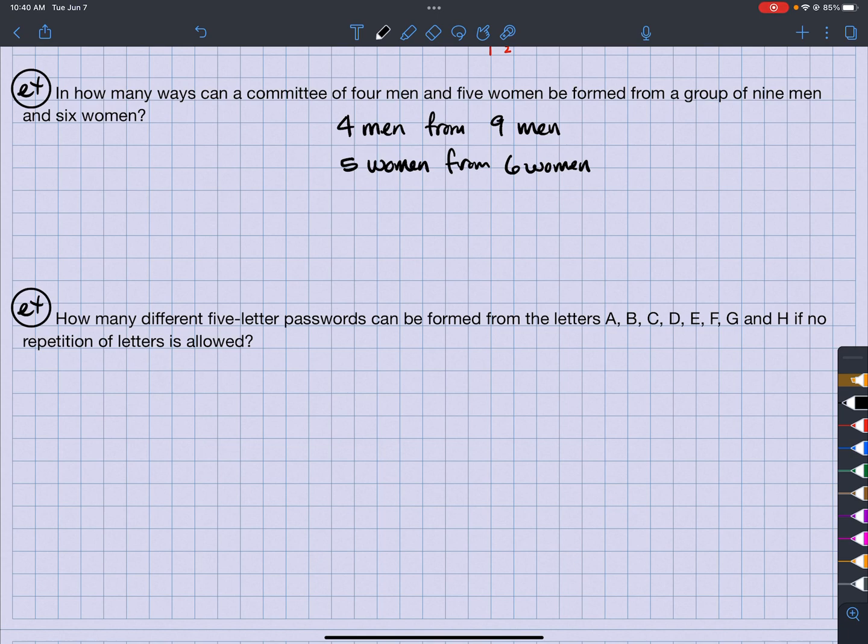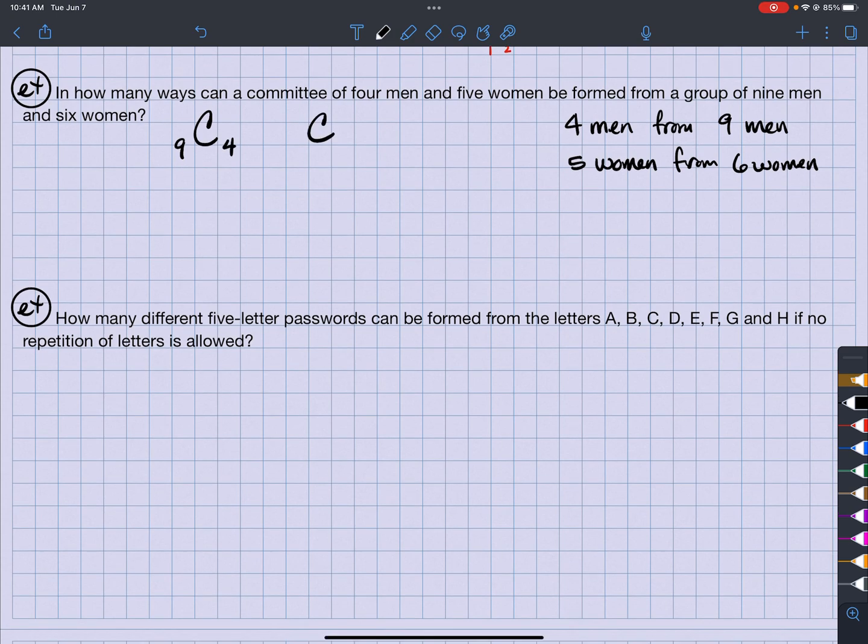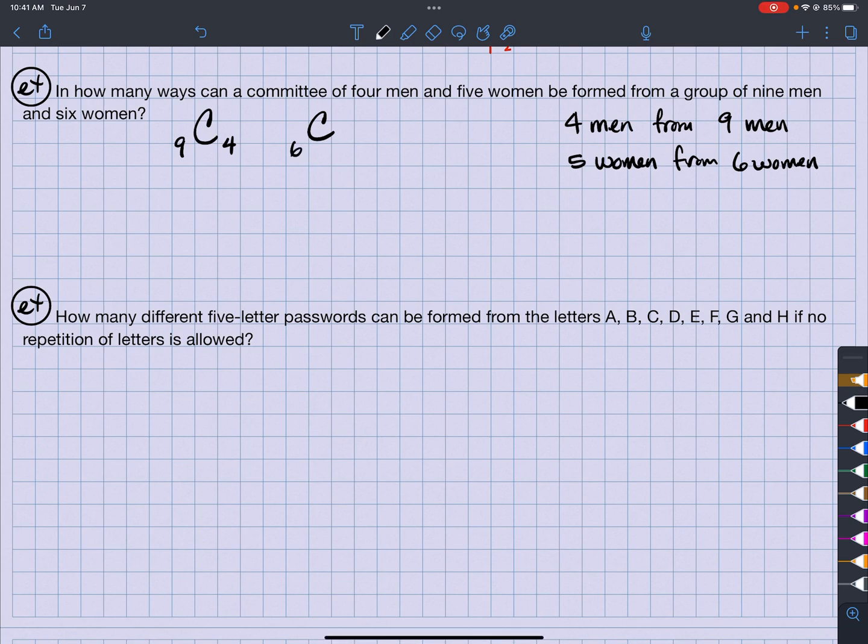So we have the men part, which is 9 choose 4, and for the women, I have to choose 5 of the 6. And that is exactly what we have, except because it says "and," we're going to multiply these two.